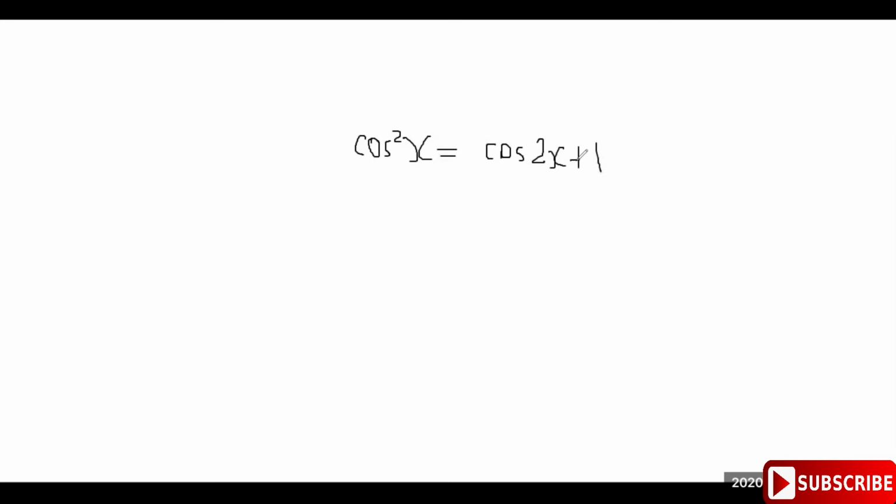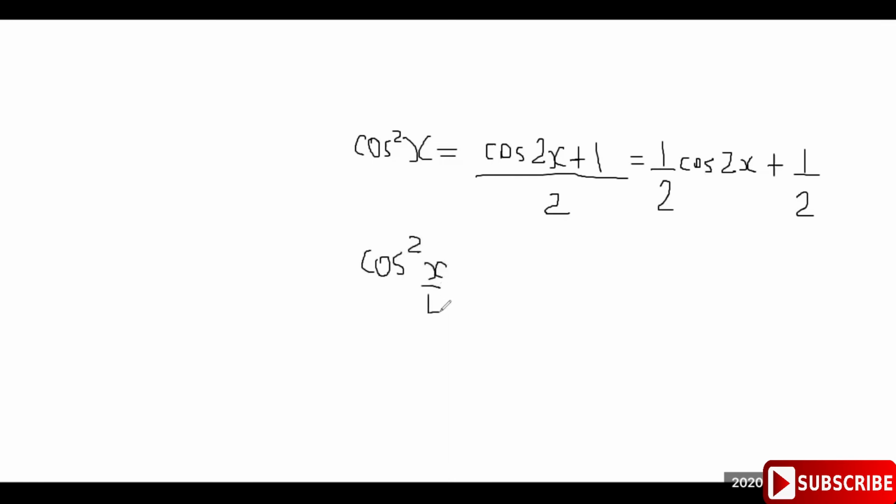Now the question had asked us something with cos square x over 4. So what we're going to do is write this as a half cos 2x plus a half. Now the question wanted cos square x over 4, so we replace x with x over 4.